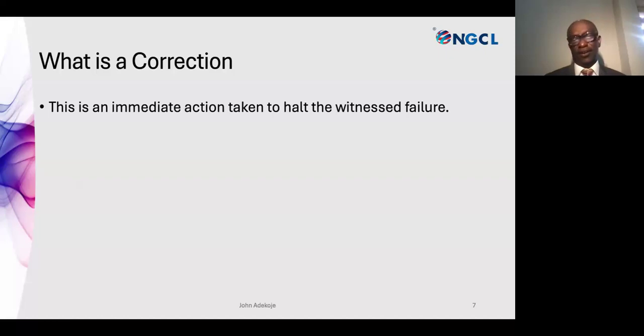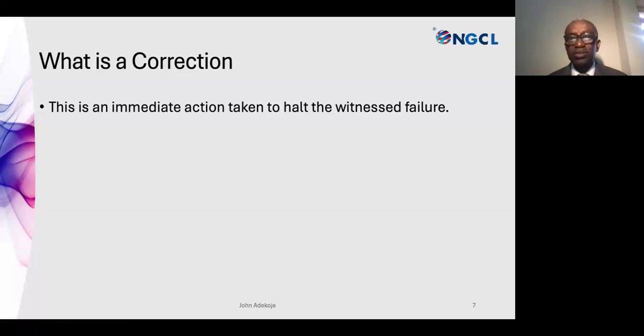Now, what is a correction? Once a non-conformity is raised, the auditee or the process owner sees it and takes an immediate action to halt the witnessed failure. That is, we've seen this thing, this is not right.